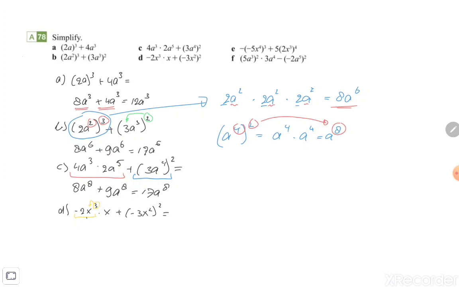So what we need to do is x to the power of 3 times x, and that's minus 2x to the power of 4. Plus, the next part: minus 3 inside the brackets squared is 9. And then (x squared) to the power of 2 is x to the power of 4. Now minus 2 plus 9 is 7, and then x to the power of 4. And that's the answer with exercise D.